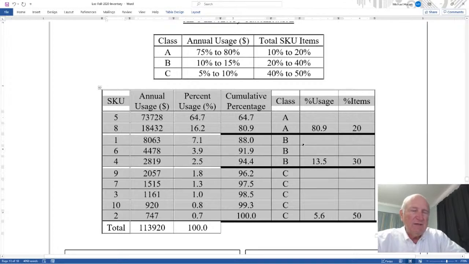Back when I was consulting, I had this one client who had over 200,000 items. You have to have some organized way to manage those inventory items. And you couldn't treat all of them the same way. So what do you do? You focus on the important items and put more effort there. And the C items, you put less effort. And the B items, you create some type of policy and procedure. So it's a way to organize your inventory.